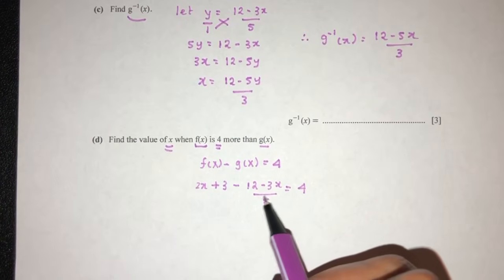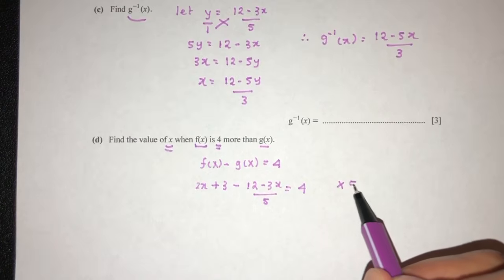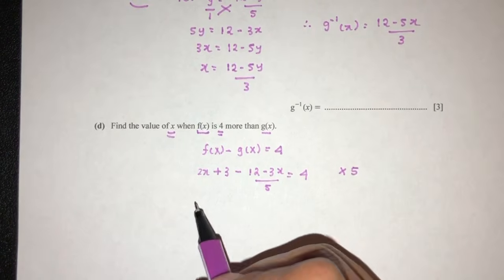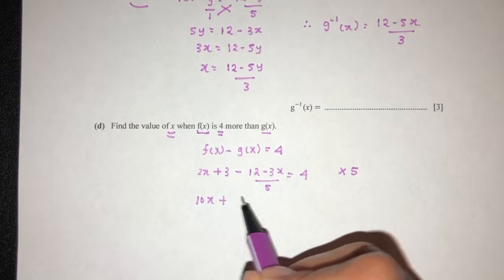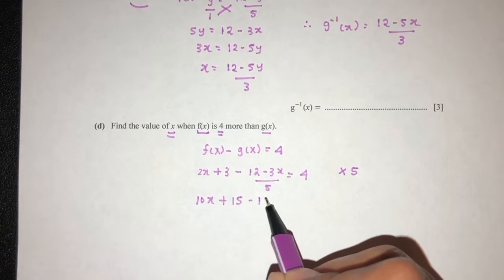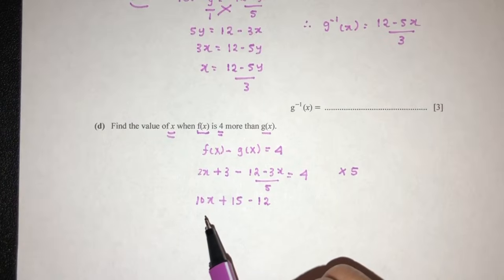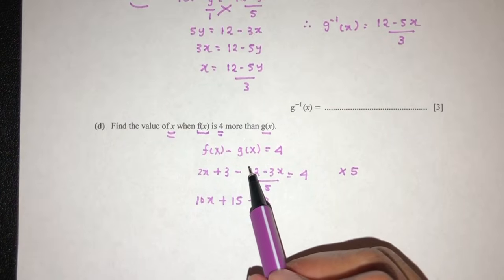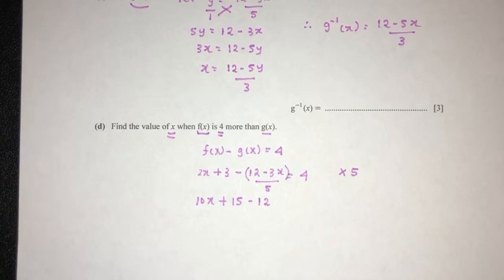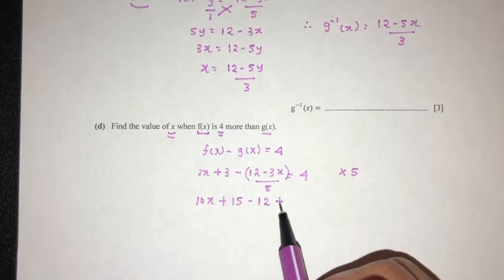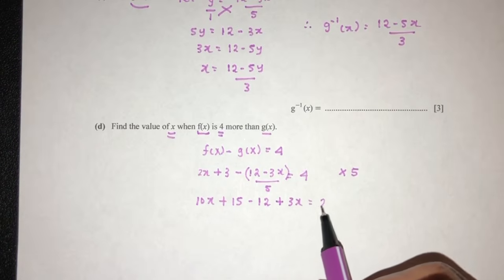Now I want to eliminate this value. I can multiply everywhere by 5 to cancel out this value. So you will have 10x plus 15 minus 12. Of course, here I have to be careful by adding a bracket, right? Because here we have minus. I have to be careful. That will be minus 12 plus 3x equal to 20.